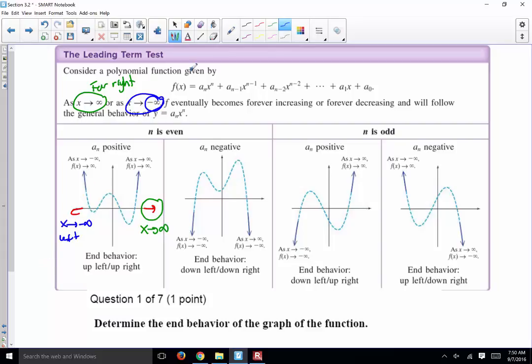And polynomials may vary in the middle. It's like a roller coaster. They may go up and down. So they are not predictable in the middle, but we can predict them on the ends.